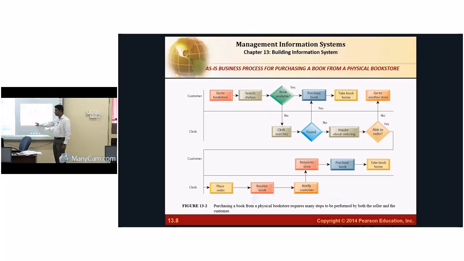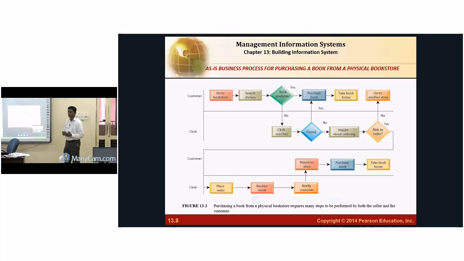Once the order is placed and the book is delivered to the bookstore, the clerk will notify the customer, right? The customer returns to the store, purchases the book and takes it home, right? So there are so many non-productive procedures and processes engaged in this, right?